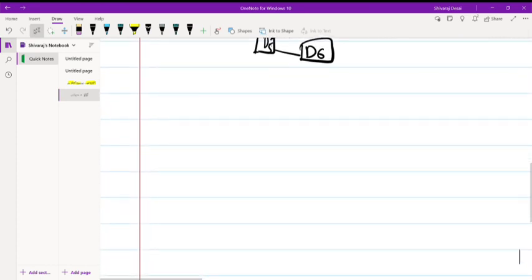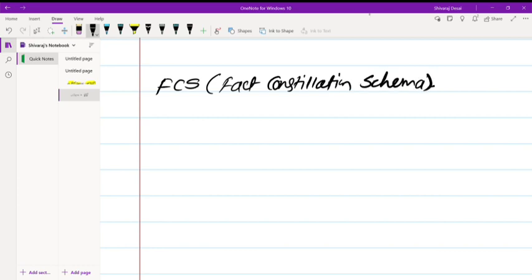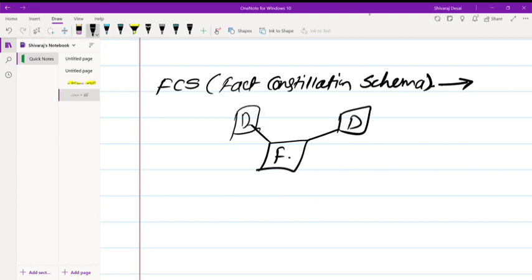And the last one is the FCS, the fact constellation schema. Here we have a fact table, F1, and some dimension tables, and these dimension tables may also be the dimension tables for another fact table, F2.